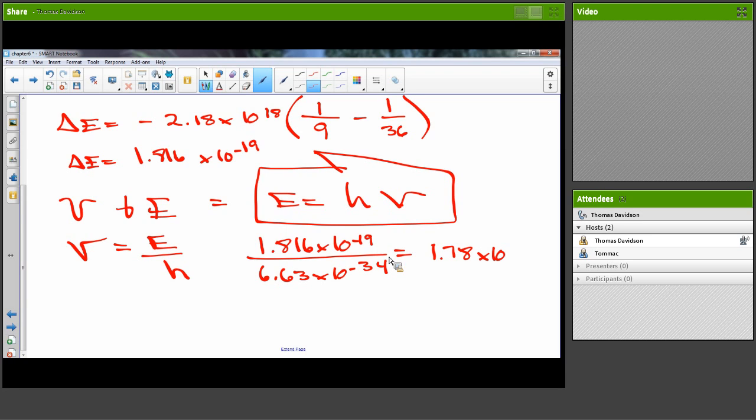Because if we divide by a larger negative exponent than we had in the numerator, this should be a positive exponent. Should be around the 15th. Times 10 to the what? All right, and this unit would be s to the negative 1.